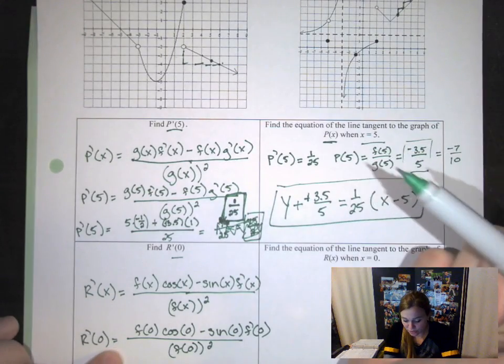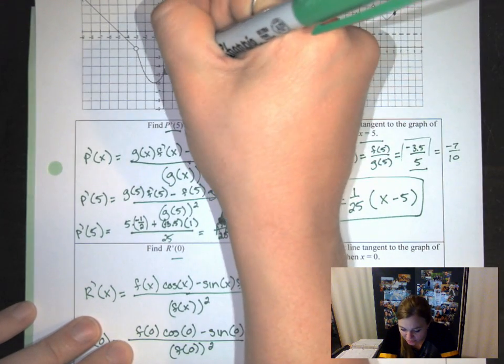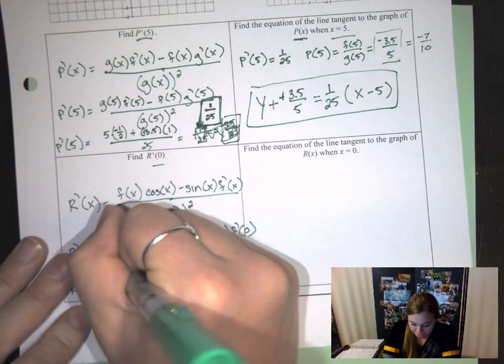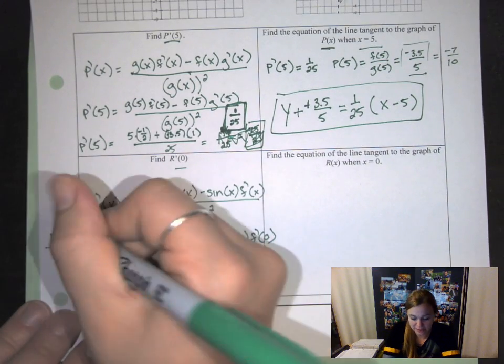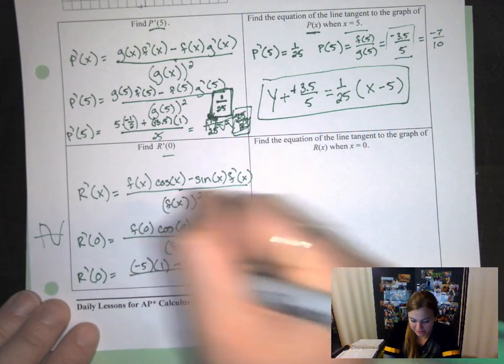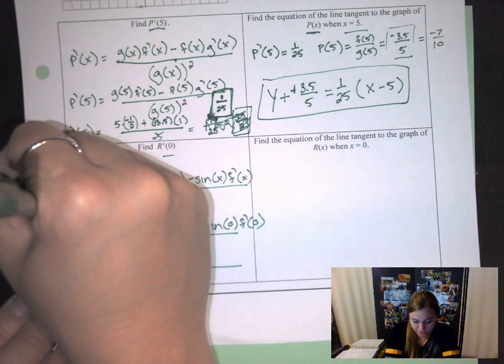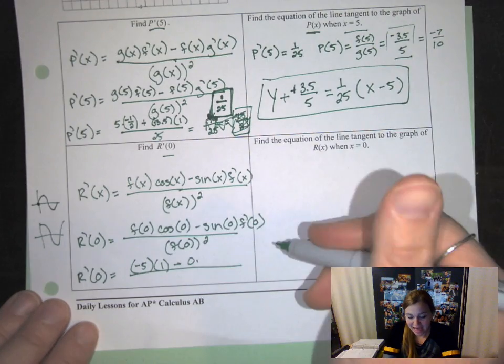F of 0 would be down here at negative 5. Cosine of 0, so in my head I think the cosine curve, cosine of 0 is 1. Minus sine of 0 is 0. F prime of 0.